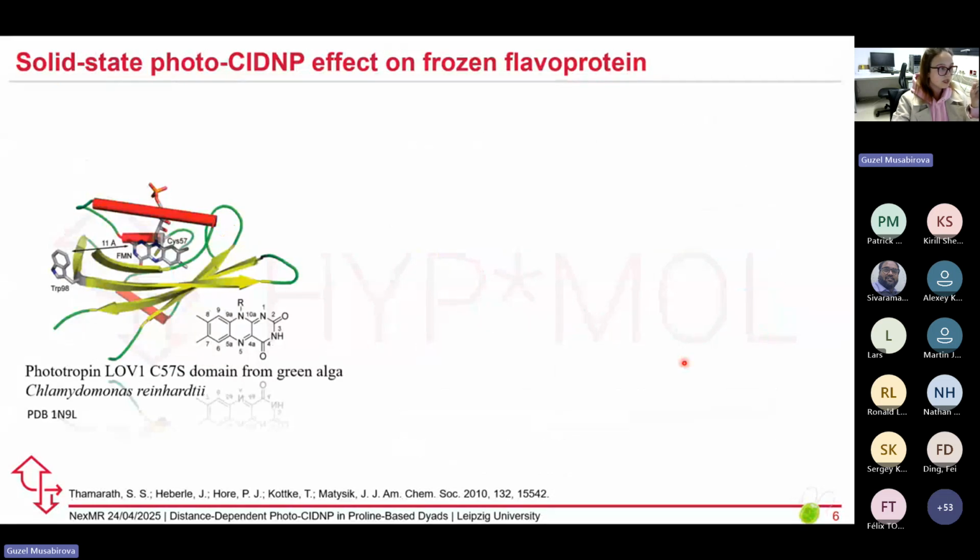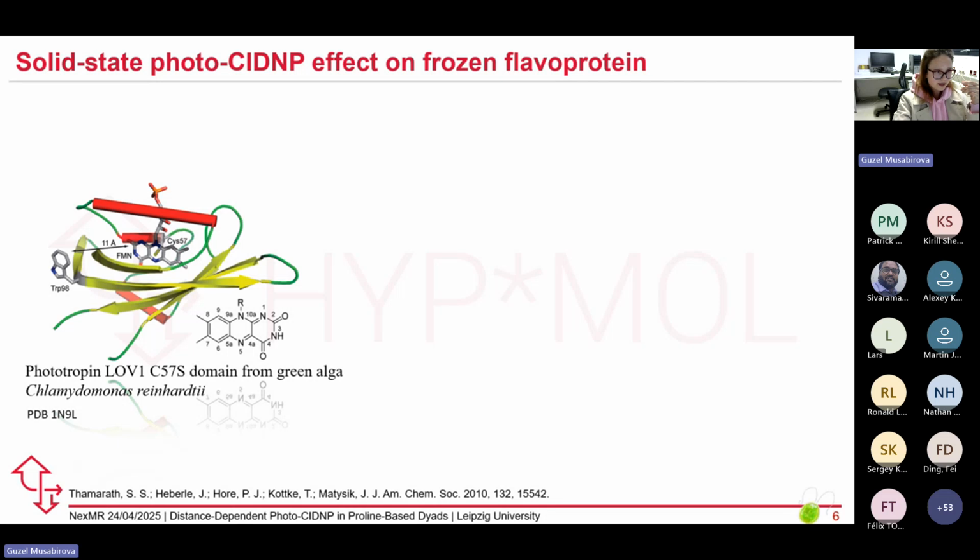It is possible not only in liquid state, as well photo-CIDNP polarization was observed in solid state in the LOV1 domain. It's just one of the examples. So here it's the LOV1 domain from Chlamydomonas reinhardtii. It's a green algae. What is important is that this protein is not carbon labeled.